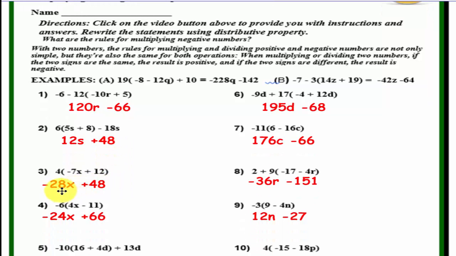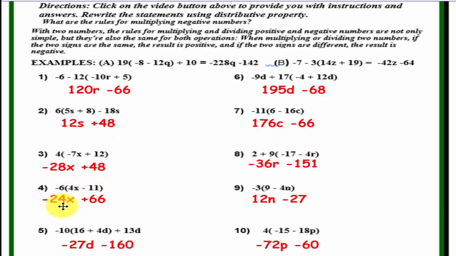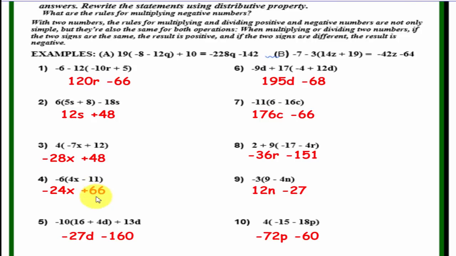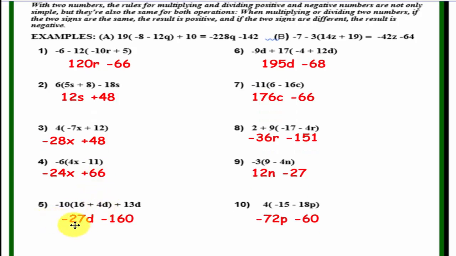Working your way through, we have a negative 28x plus 48. Number 4 is negative 24x plus 66. Remember, these are pretty straightforward. Number 5 is negative 27d and negative 160, okay? And number 6 up here is 195d minus 68.